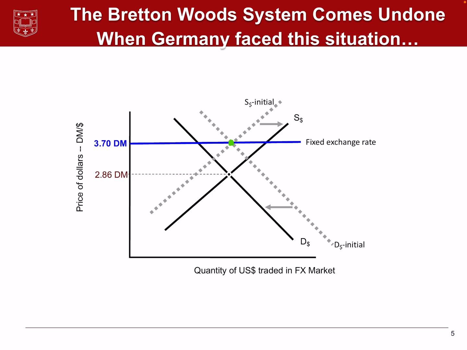Now, if the gray dashed demand and supply curves were the relevant ones, then everything is just fine, because the equilibrium exchange rate that's implied by the demand and supply curves is the fixed exchange rate.